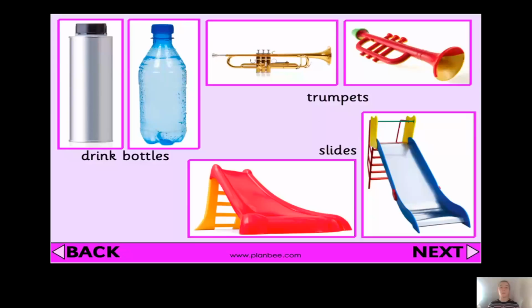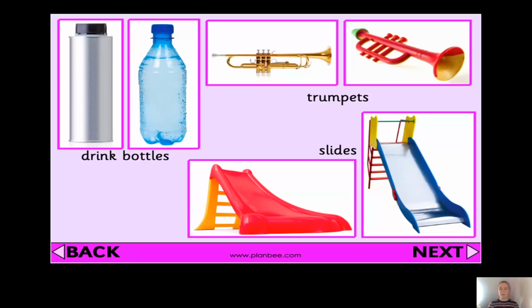It'd be suitable because it's light for the child and it won't break. Now, what about the metal trumpet? Now, the metal trumpet will be a bit heavier, won't it? So it's probably for older children or adults. And yes, it makes sound, doesn't it? You can play a tune on it. So that is the purpose of that one.